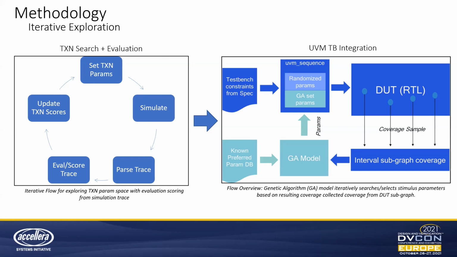The use of this approach allows for input stimulus to be directed to favorable RTL states or coverage goals by implementing this iterative exploration. And this approach is what's implemented by the genetic algorithm.